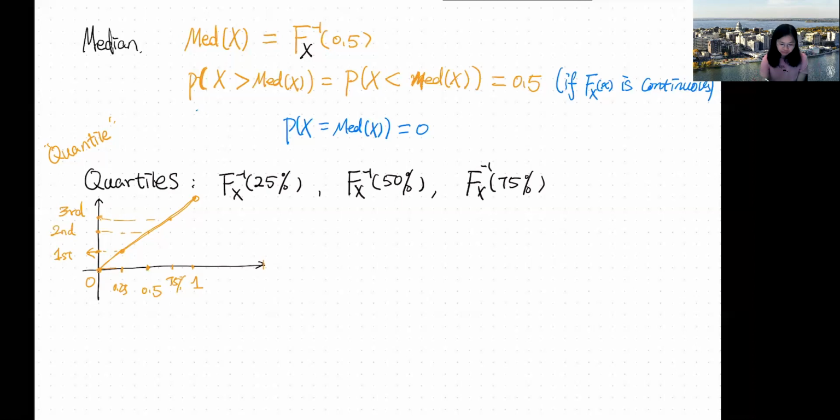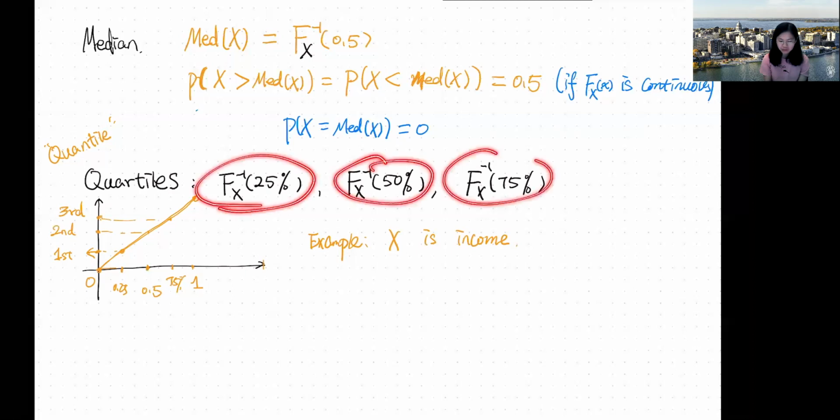For example, if X is income, then when income is equal across people, when X is evenly distributed across the whole population, when everybody earns about the same income, then the different quantiles will be similar.